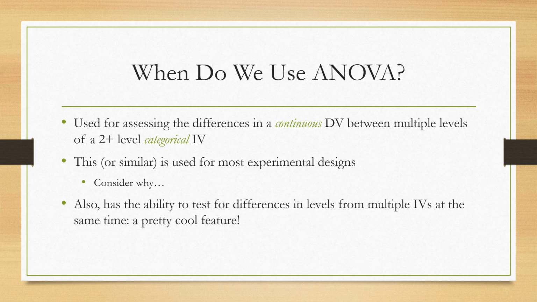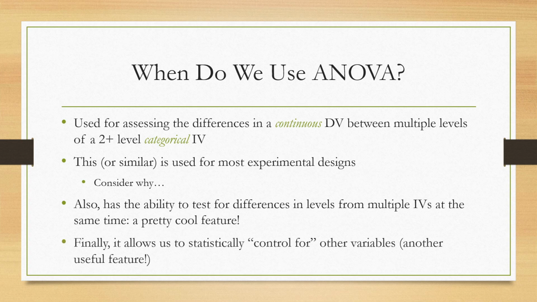That's multiple levels. And that was a cool enough contribution from ANOVA. What this bullet point is describing is that ANOVA can handle multiple variables. So I don't have to pick between sex and race. I can study both of them at the same time, and that's a pretty cool feature.